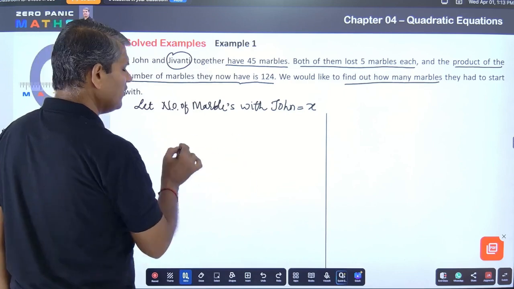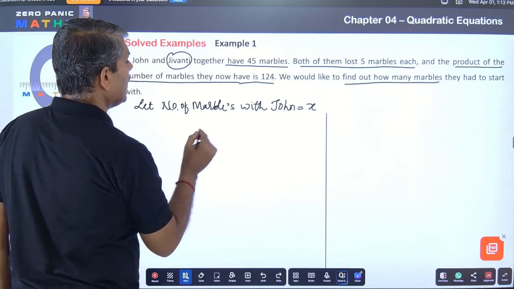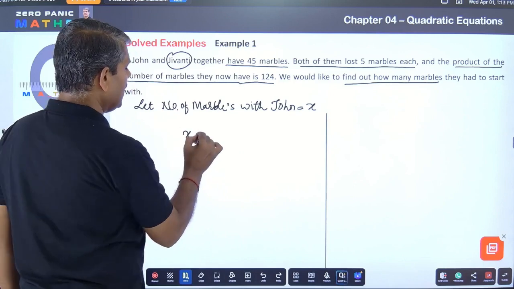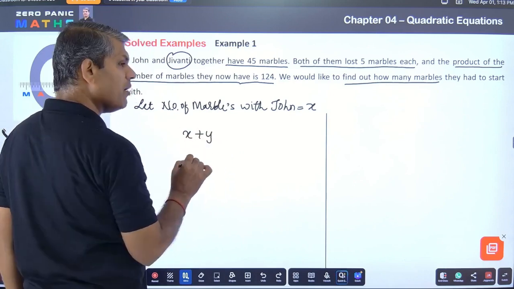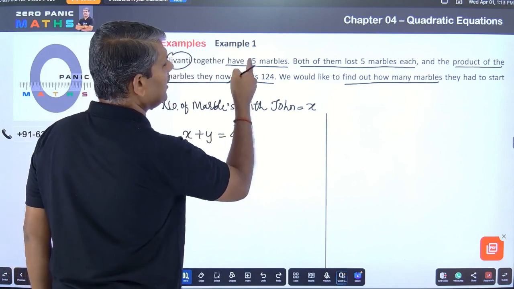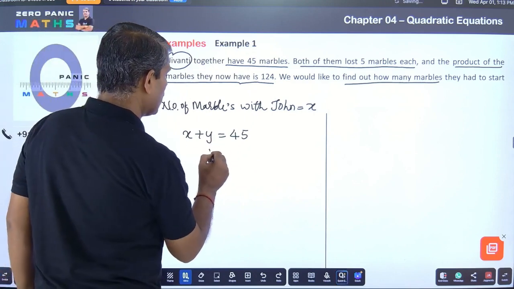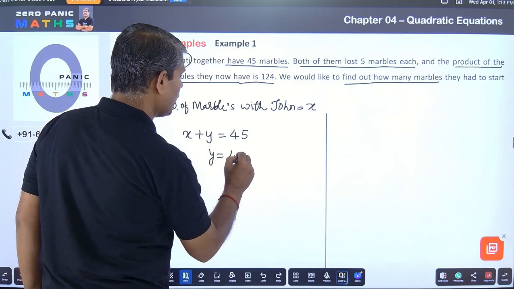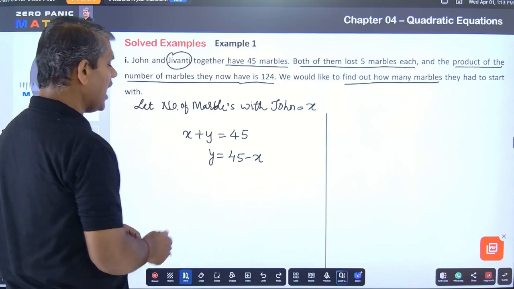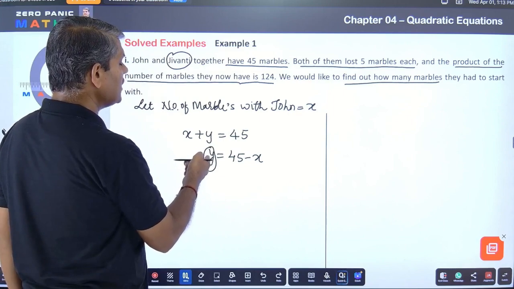Suppose I give a simple example. Let John have x marbles and say Jivanti had y marbles. So both together had 45 marbles. Let us make it easy. So now what is y according to this? It is 45 minus x. And what is y we are considering? It is the number of marbles Jivanti had.